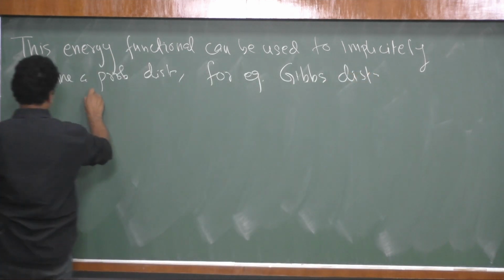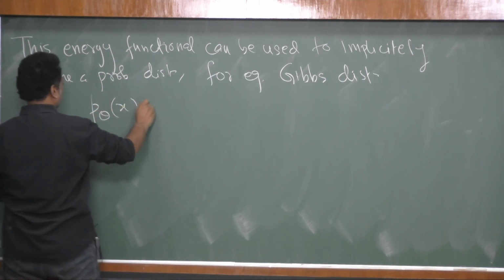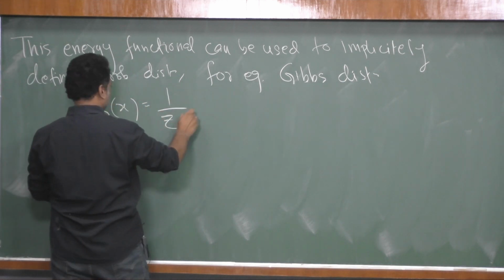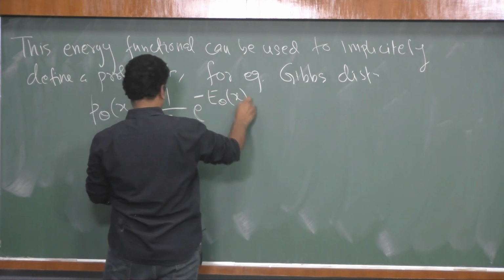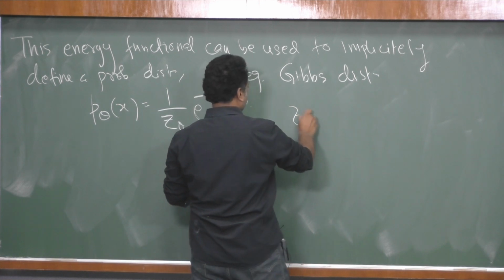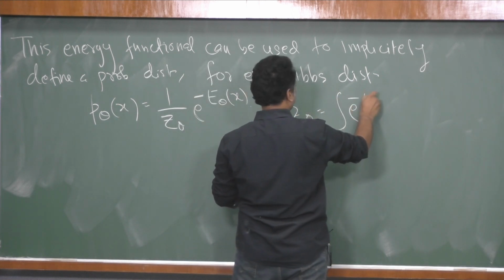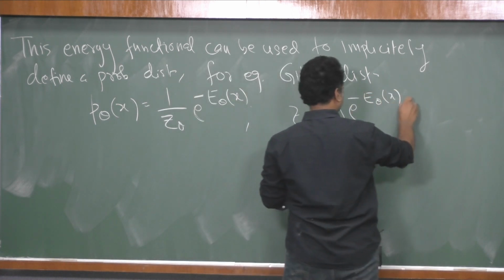So this is p theta of x equals 1 by Z theta times e to the minus E theta of x, where Z theta is the integral of e to the minus E theta of x, basically a normalizing expression.